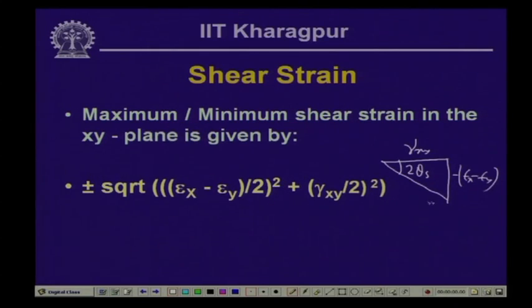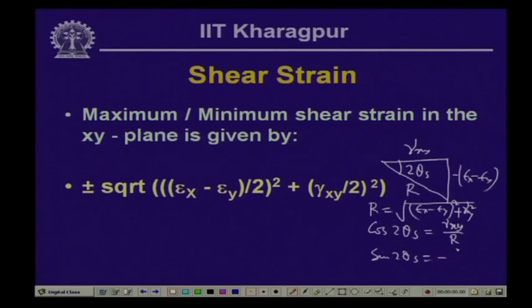So, tan 2 theta s is equal to minus (epsilon x minus epsilon y) by gamma x y, and then the value of r is equal to the root of (epsilon x minus epsilon y) square plus gamma x y square. Hence, the value of cos 2 theta s is equal to gamma x y by r, and sin 2 theta s is equal to minus (epsilon x minus epsilon y) by r.